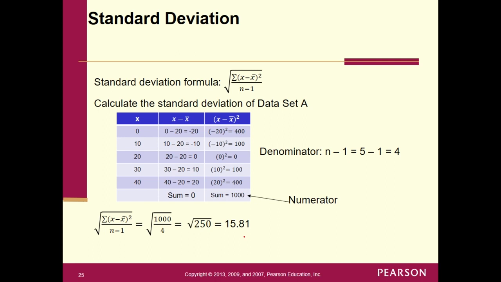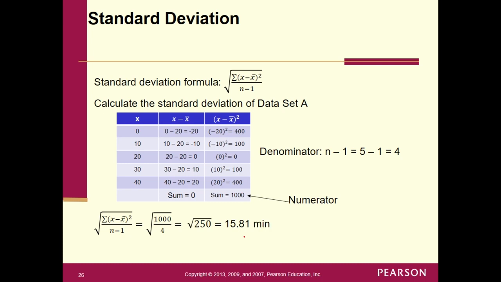So I rounded properly to the second decimal place. If Web of Science says take it out to 3 or 4 decimal places, fine. Round properly, okay? But here I'll just take it out to 2 decimal places. That's plenty. By the way, 15.81 what? Well, the standard deviation gets the same units as x.